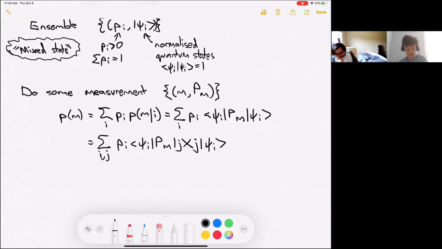And of course, now this is just the product of two separate inner products for each term in the sum. So we can rewrite it by moving the first in front of the second.